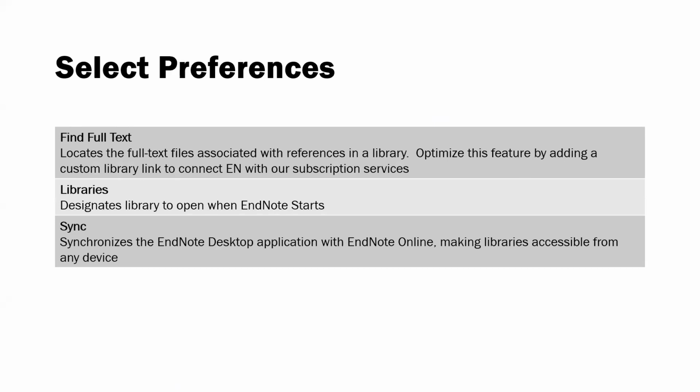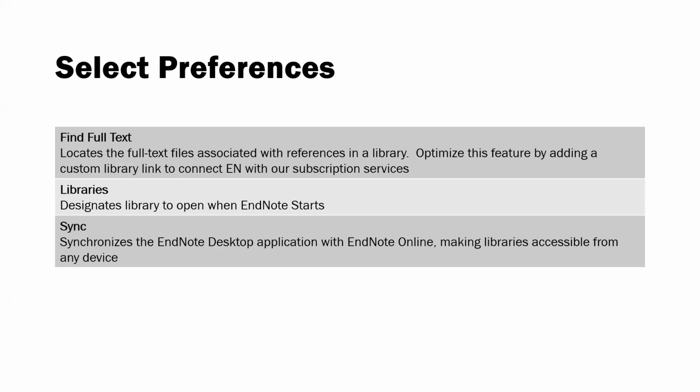Okay, so a couple of things for preferences for our EndNote library that we want to make sure that we give some attention to. Find full text, libraries, and the sync feature are the preferences that we are going to take a look at. Find full text locates the full text files associated with references in a library.